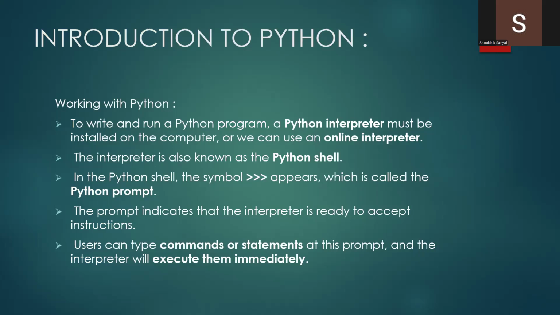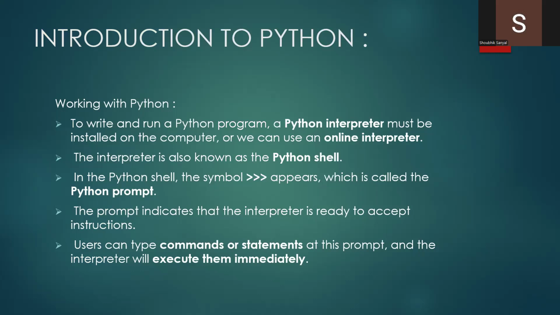Now, in this introductory Python, we need to understand how we will work with Python. So we have already read the various features of Python. Now we need to understand how we will work with Python.